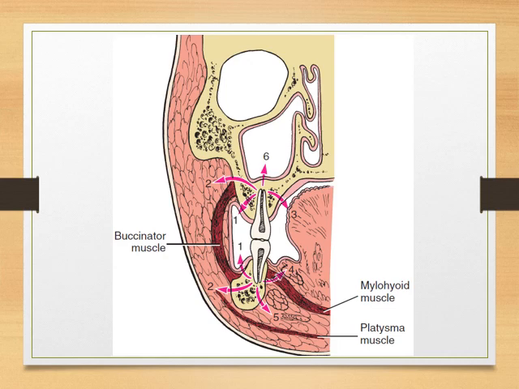Based on the relationship between the point at which the infection erodes through the alveolar bone and the surrounding muscle attachment, infection arises from either maxillary or mandibular teeth.